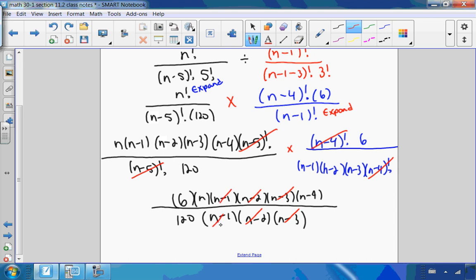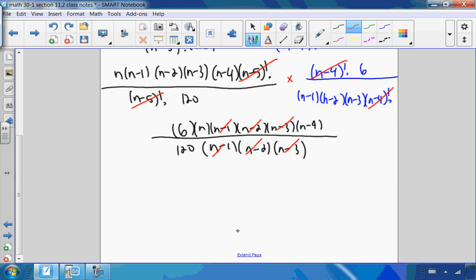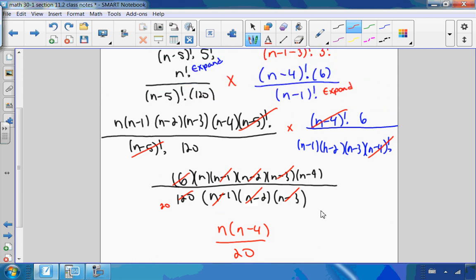So all together, oh, I can simplify my numbers as well. 6 and 120 have a common factor of 6. So I'll divide that, and I end up with 20 on the bottom. So all together, I have n minus 4 on top, all over 20. So that is the way I think most students would do it.